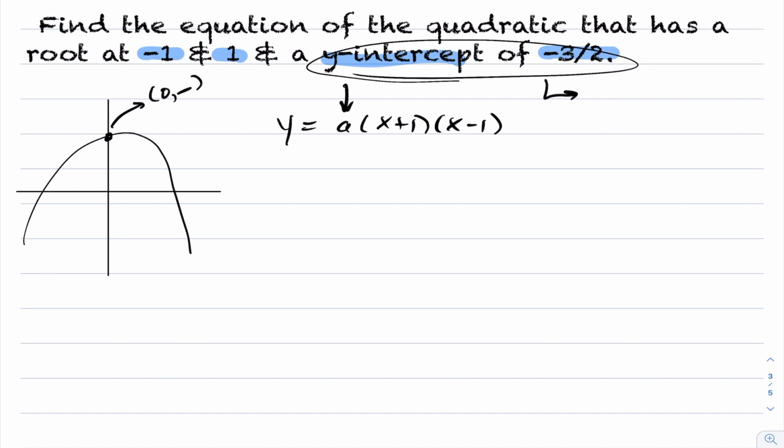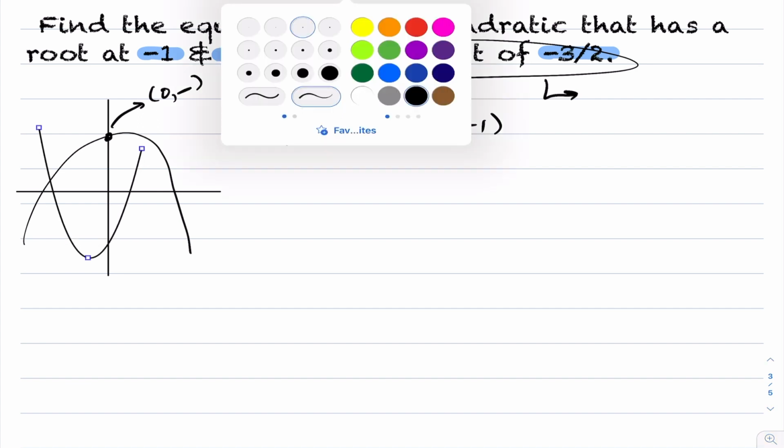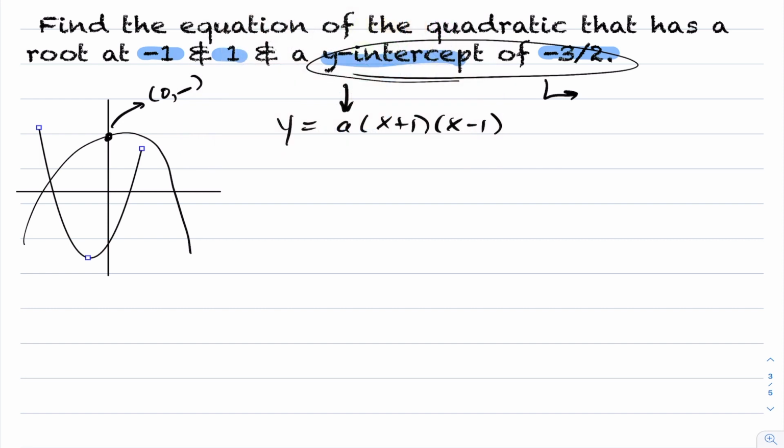I don't know what the y is in general, but any quadratic you have, no matter which one you draw, has the property that where it crosses the y-axis, I don't know what the y-coordinate is, that's what I want to find, but I know that its x-coordinate in general is 0. So therefore, if someone tells you you have a quadratic that has a y-intercept of -3/2, really they're saying the quadratic crosses through the point (0, -3/2).